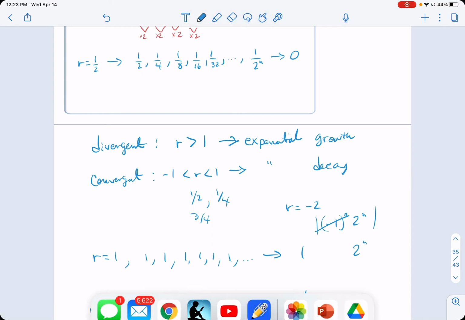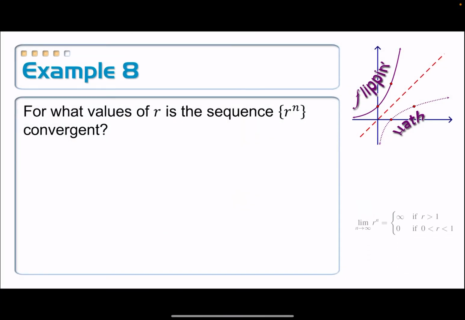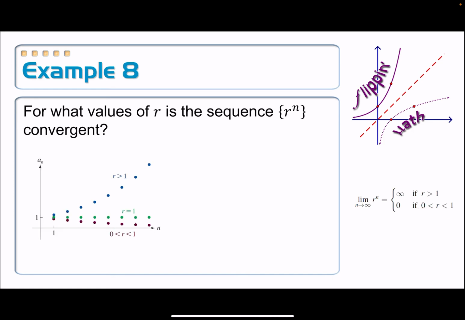All right, so then let's kind of summarize this right over here. Here's some pictures right here. So this is the first one that we were looking at. R to the n, the limit as n approaches infinity, is going to equal infinity, in other words diverge, if R is greater than 1, and it's going to be equal to 0 in between 0 and 1. That was the first case that we looked at, and then here are some graphs to demonstrate that.